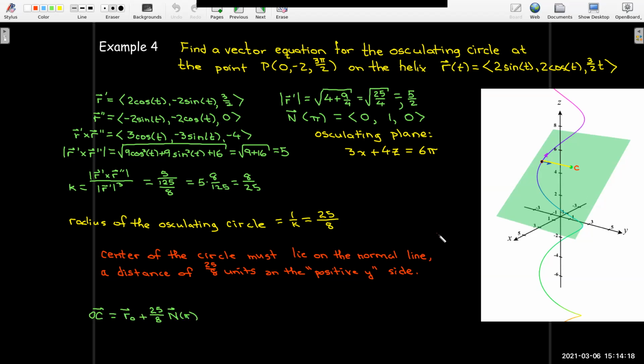So the position vector for the center is just going to be our r naught plus the radius of the circle times the unit normal vector. And working that out, I get the point with these coordinates right here.